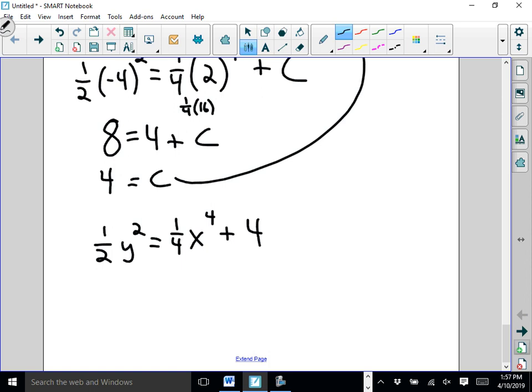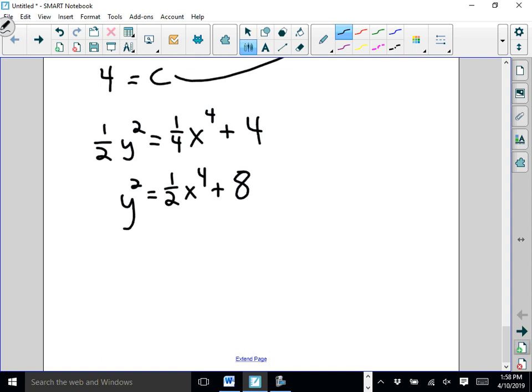Now I need to go ahead and get y alone. So I'm going to multiply everything by 2. That gives me y squared equals 2 times 1/4 is a half, x to the 4th plus 8. And now we come to a very important piece. We could either have the positive square root or the negative square root of 1/2 x to the 4th plus 8.